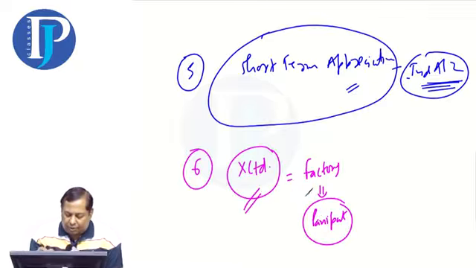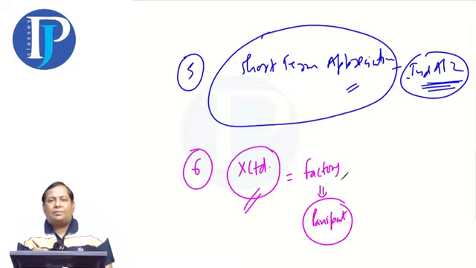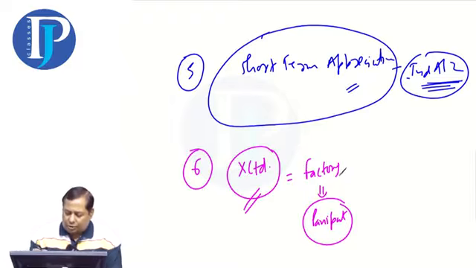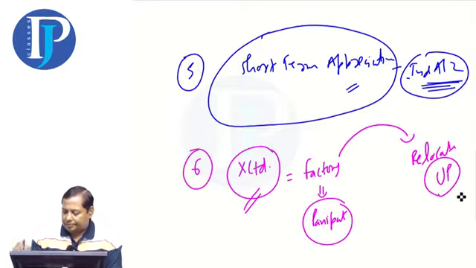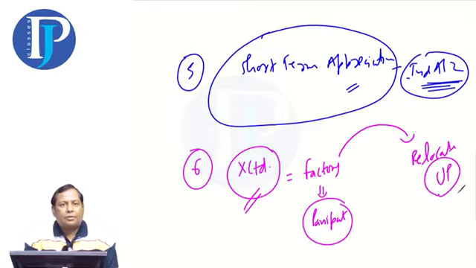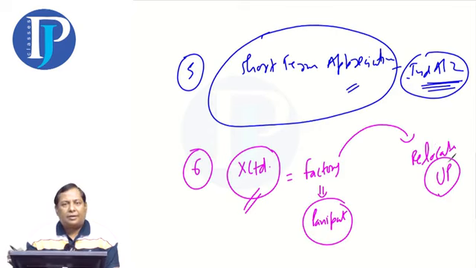This company is from Haryana, Panipat is in Haryana. The government is not offering much benefit. So what they did is they relocated their factory to UP. They moved their factory from Haryana to Uttar Pradesh.